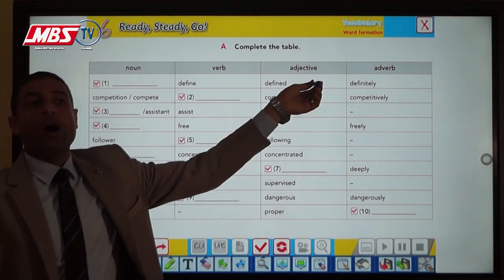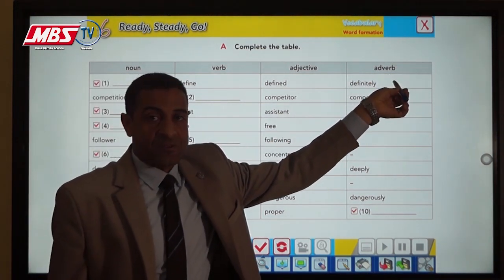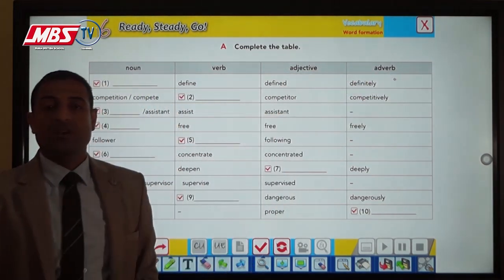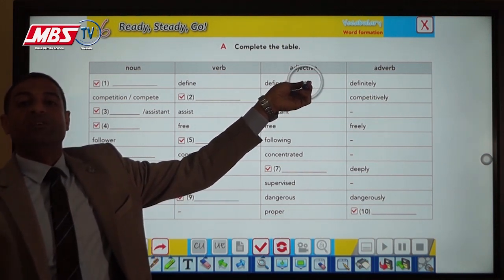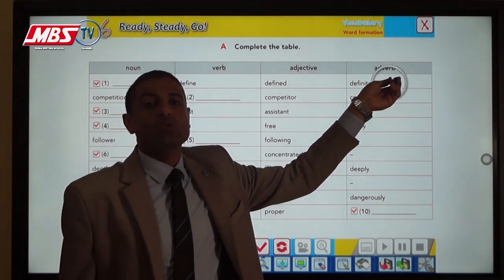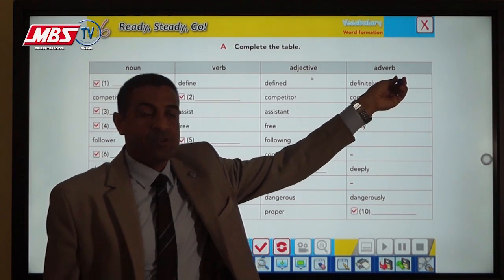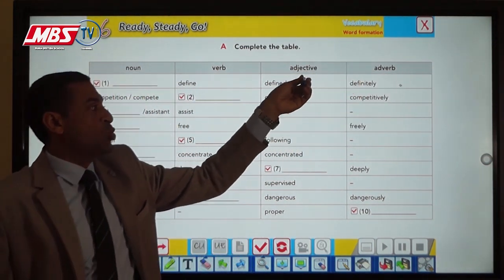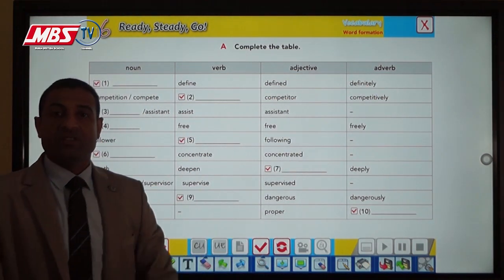If the adjective is hard, the adverb will be the same, hard. If the adjective is indoor, the adverb will be indoors. Indoor, indoors. Outdoor, outdoors. Let's check some examples about this one.